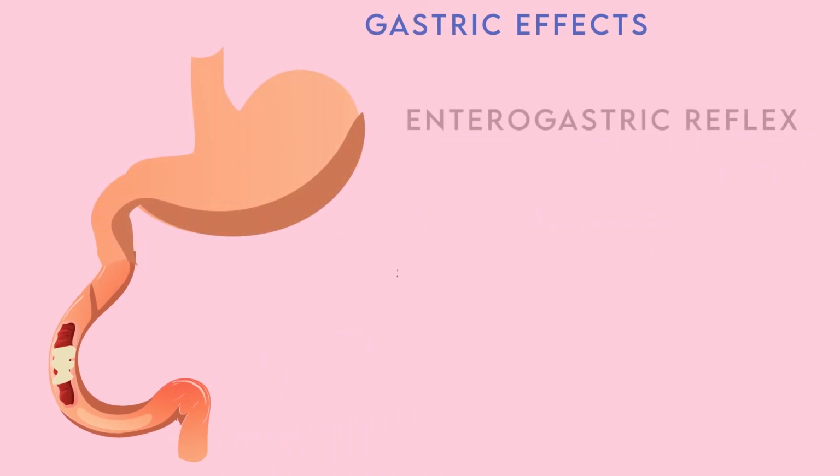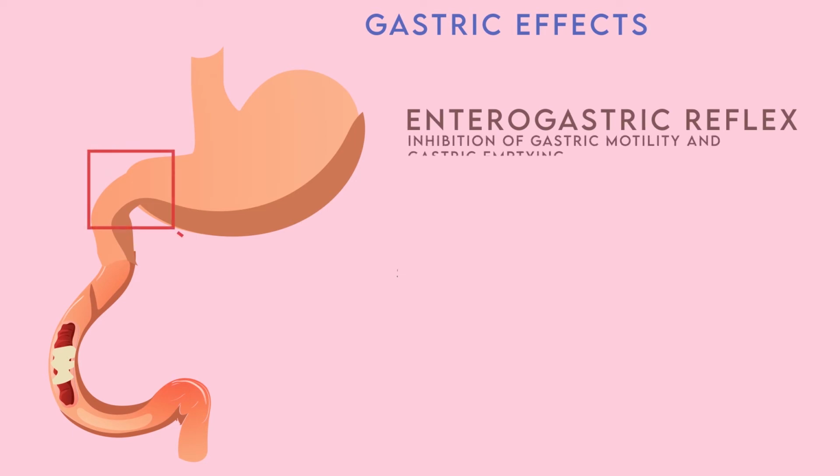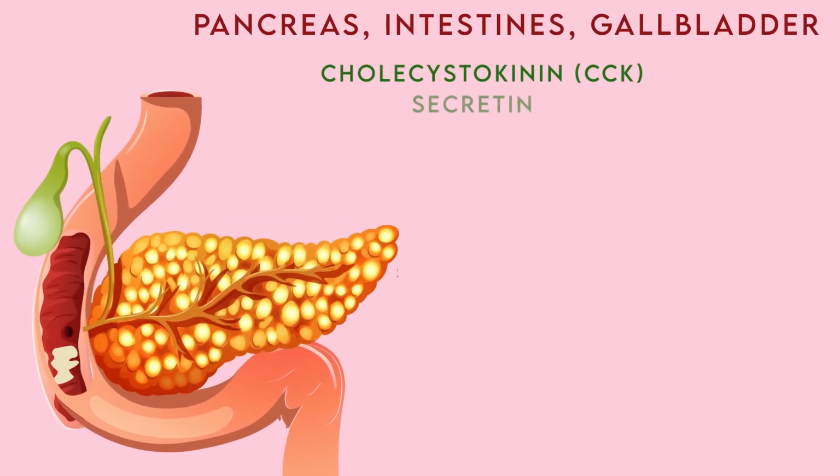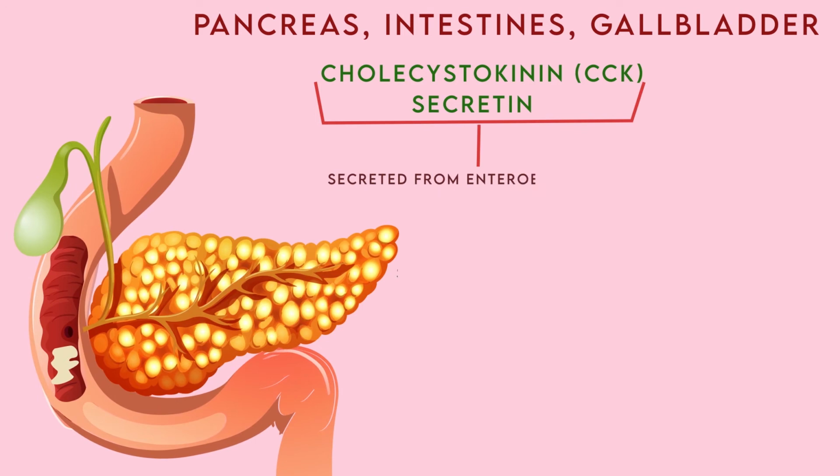First, the enterogastric reflex leads to the inhibition of gastric motility and gastric emptying through closing the pyloric sphincter. Second, two digestive hormones, cholecystokinin, or CCK, and secretin, are secreted from enteroendocrine cells of the small intestine.